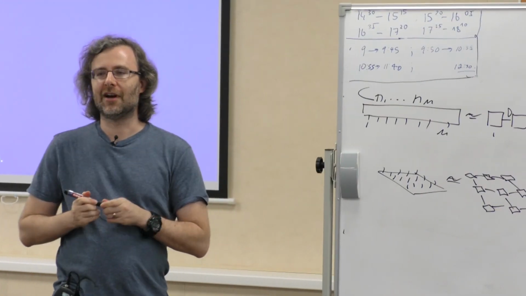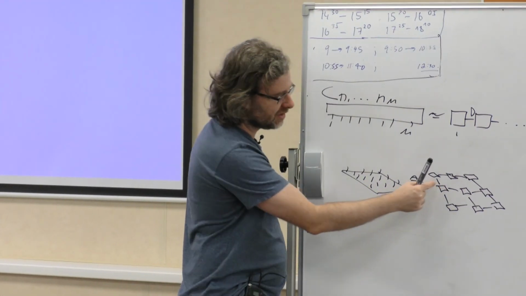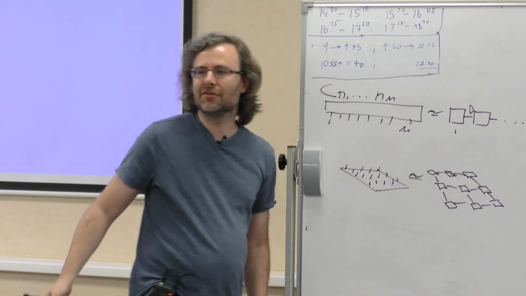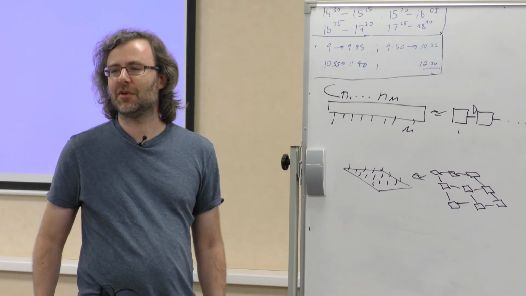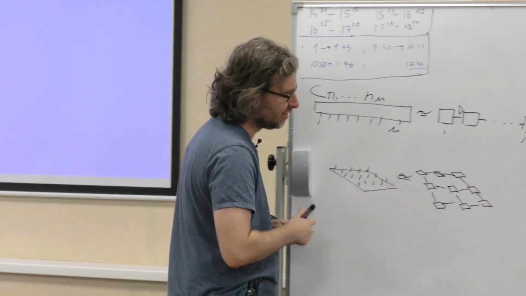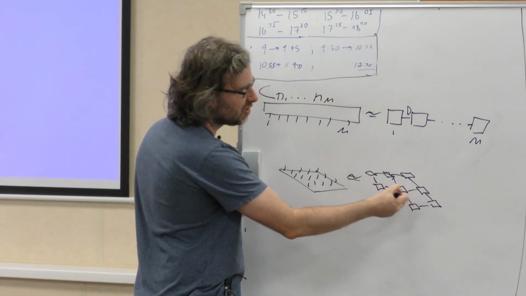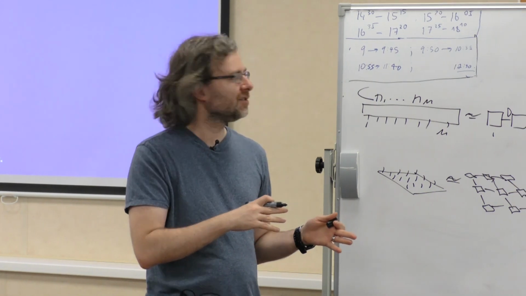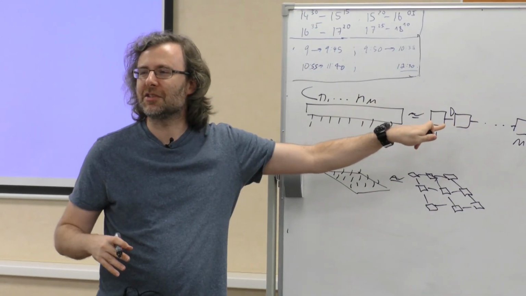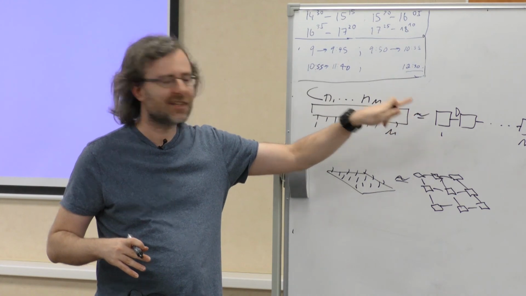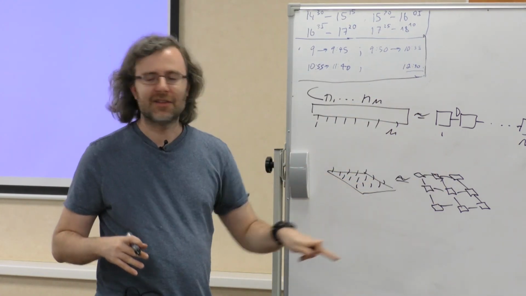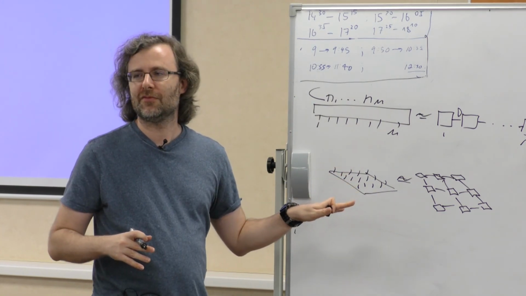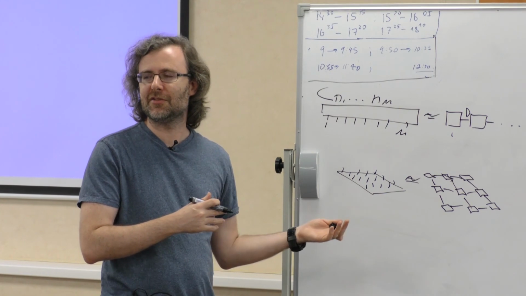So what is going on here? Each one of these things has up to 4 bond indices connecting to other things. So it's like a rank 4 tensor instead of a rank 2 matrix, which you have inside of a matrix product state. And you have a product of all these tensors. This gives you some representation of a 2D system. And of course you can continue to do this in 3D.